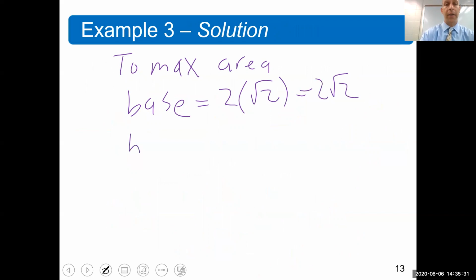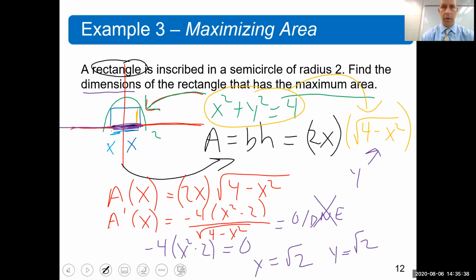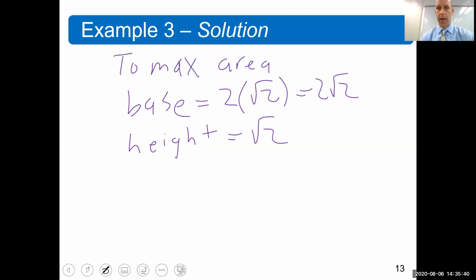And then the height is going to be just the square root of 2. I don't know if I gave you units here. No, no units. And so that's it. Hope that makes sense. And I'm going to stop the video here. Hopefully that's close to 15 minutes.